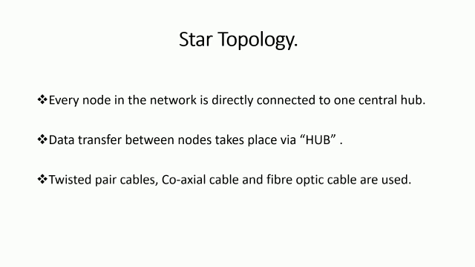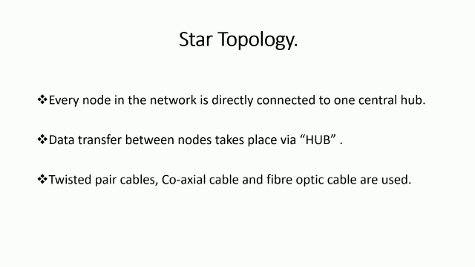Then is the star topology, the next topology. In star topology, all the devices are connected to a central controller called a hub. These devices are not directly linked with one another, but they are actually connected to a hub that acts as an exchanger. Entire data transmission between the nodes takes place via the hub.